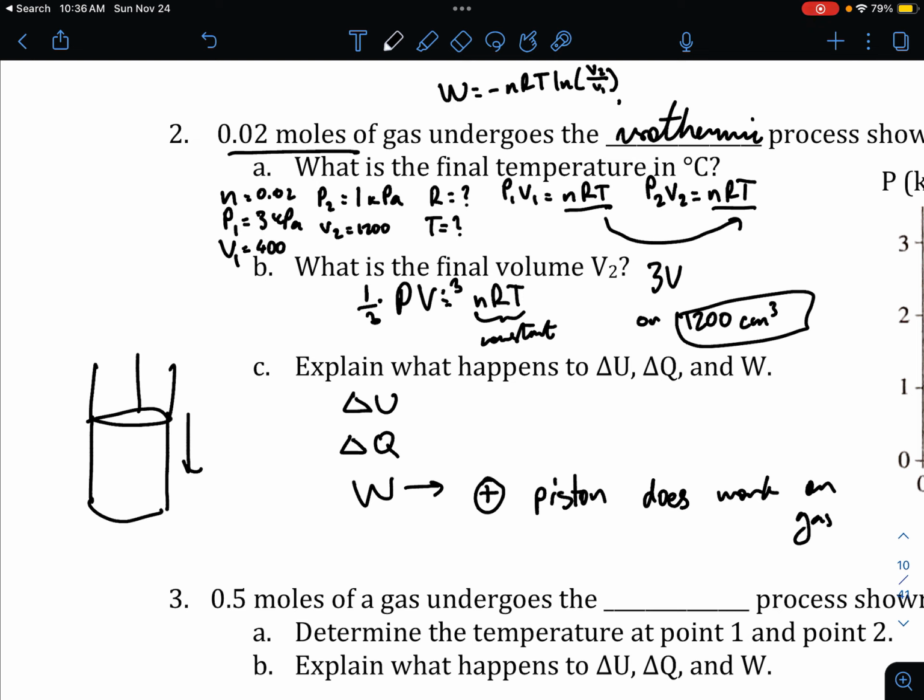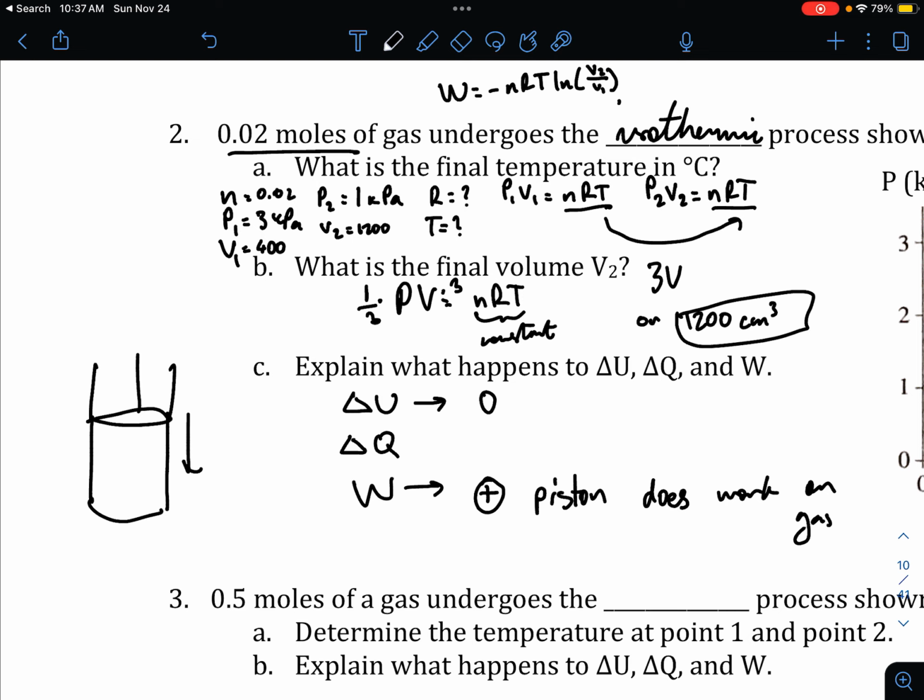Now for change in Q and change in U. What I believe for change in U is that it stays the same. Or I guess change in U would be 0, right? So there's no change in internal energy. My reasoning for this is internal energy is related to temperature. What I've read is that internal energy is the sum of all the energies of each particle of the gas, and temperature is the average of that.